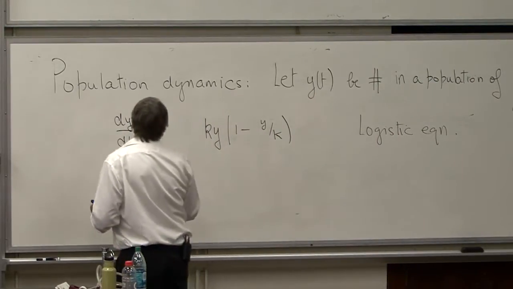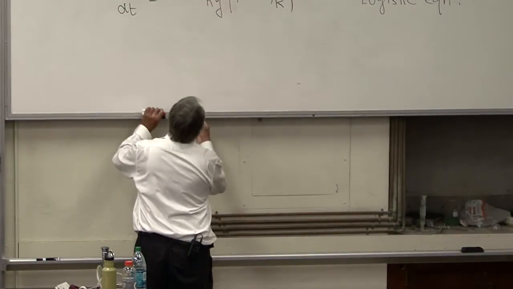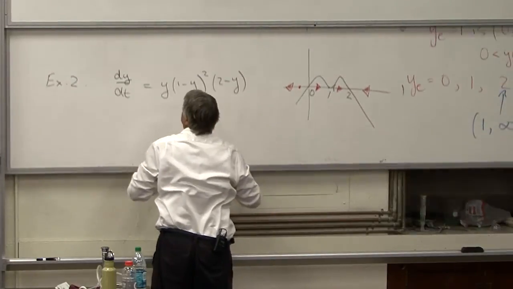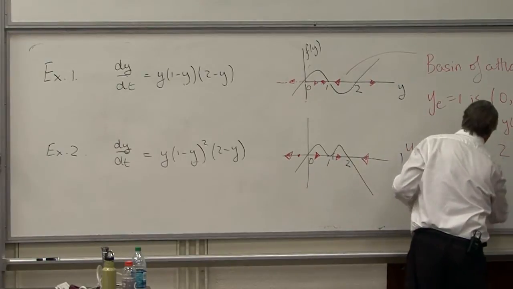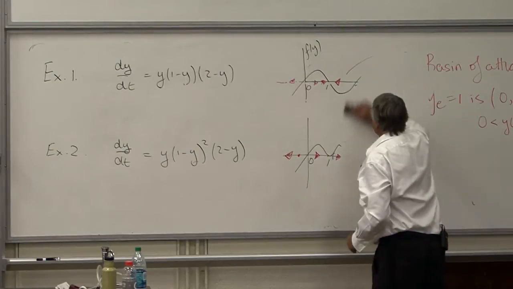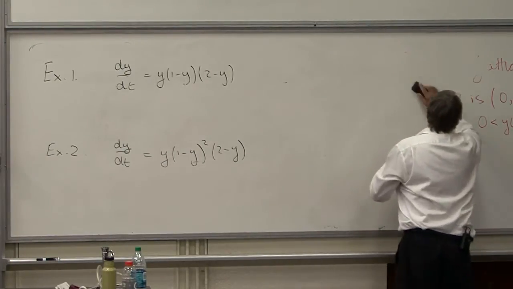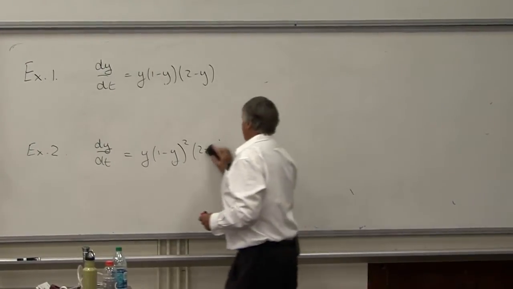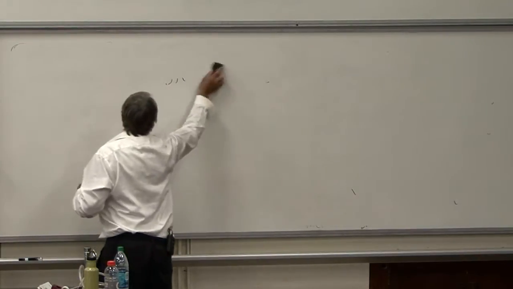So now let us examine the Logistic Equation and see what we can learn from it. Would you all draw the graph of the right-hand side there, please? It's a first-order autonomous equation, so we should be able to use what we have learned last day and early today.